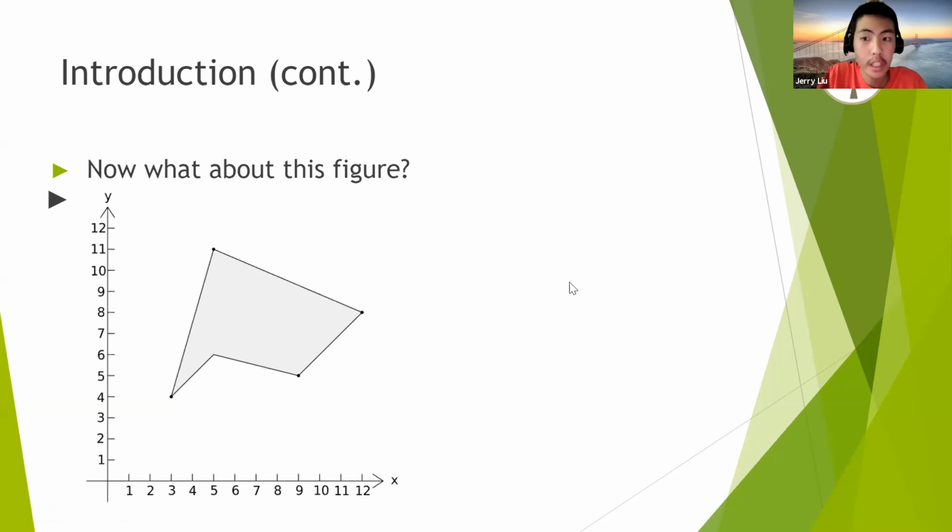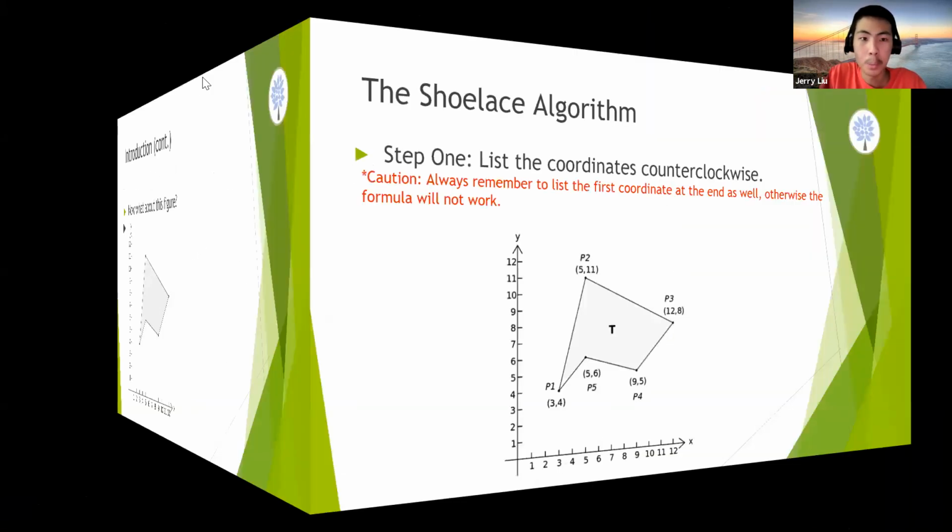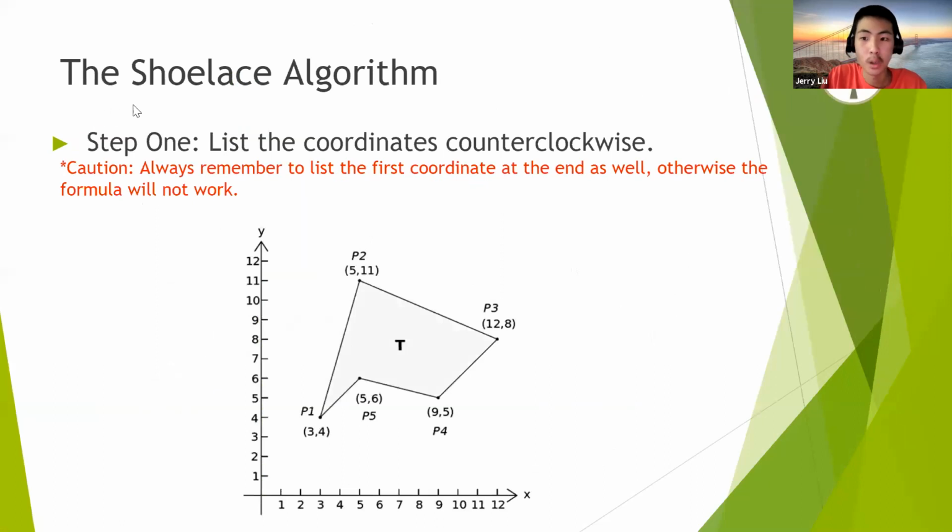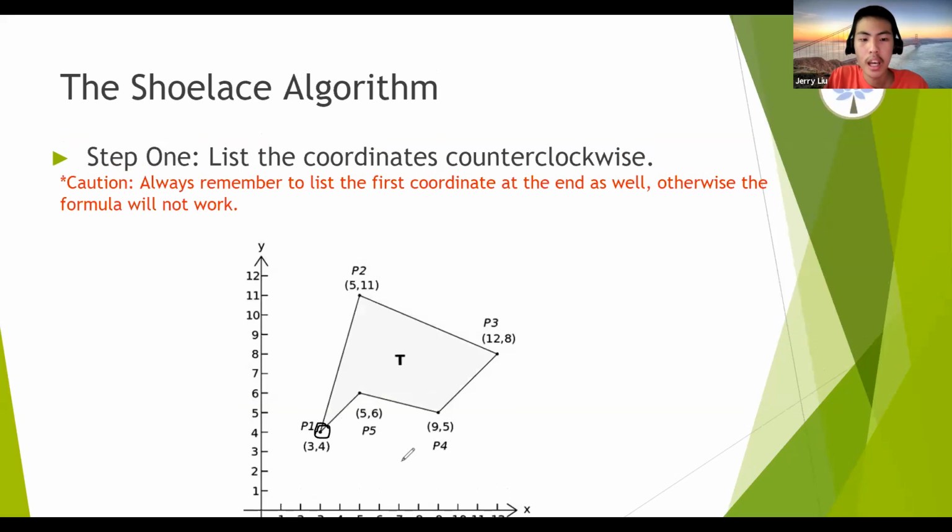How we do this is by a set of steps called the Shoelace Algorithm. The first step is to list the coordinates counterclockwise. In this case, we know that this polygon has 5 vertices. So we could start from, for example, P1, and just list the coordinates counterclockwise.